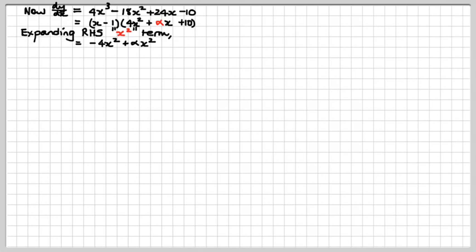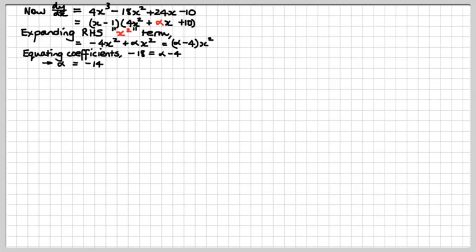So that gets you alpha minus 4 times x squared. Now that has to equal this minus 18x squared, doesn't it? So yes, it does. Therefore, equating coefficients, we get minus 18 equals alpha minus 4, and we can solve it for alpha, which is very neat. Alpha equals minus 14.